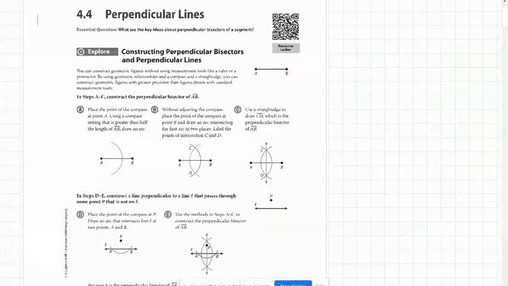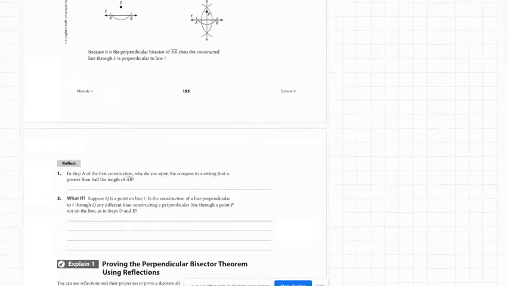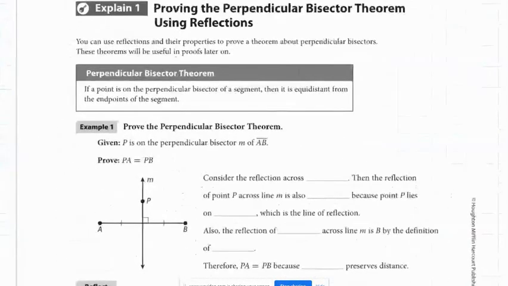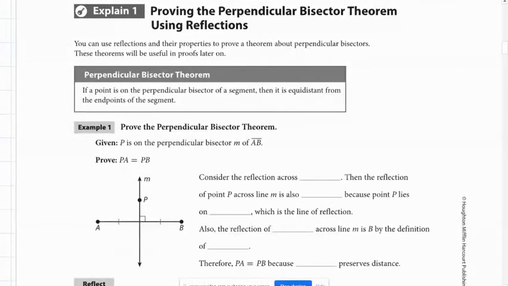Okay, so that leads to the first theorem in our book, on page 196, or the first theorem in this section anyway. What we just saw is written up in this theorem, the Perpendicular Bisector Theorem. If a point is on the perpendicular bisector of a segment, then it is equidistant from the endpoints of the segment.